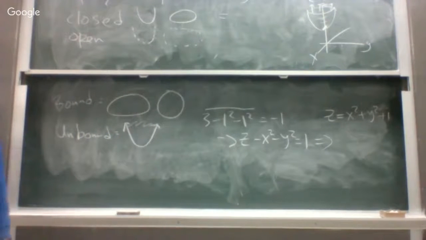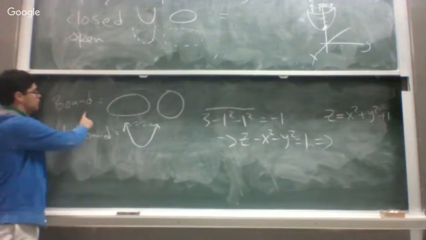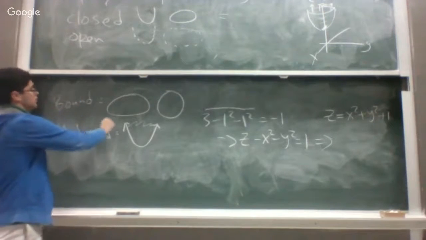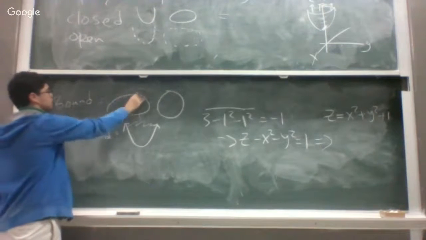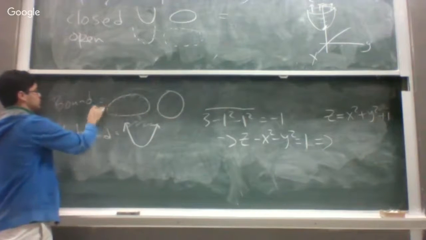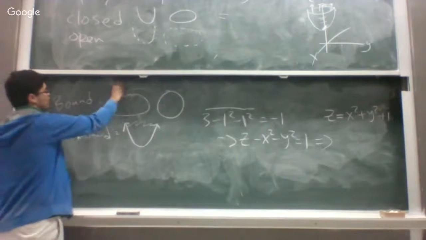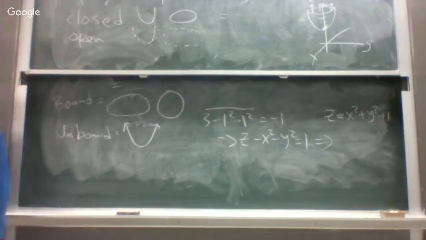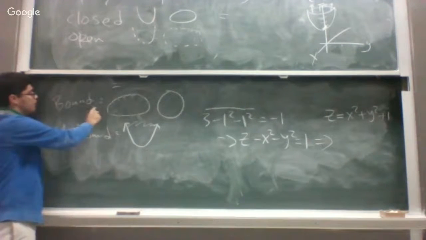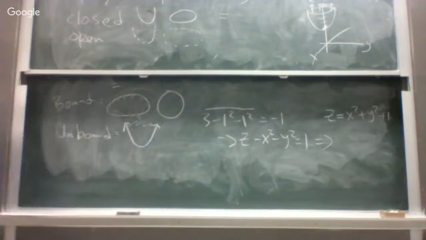Now you can have bound and open. That means there will be no equal sign, so you'll have dashed lines on the outside. It doesn't have an outer rim, because I don't want to use the word boundary, but it's still called bound because it's a closed shape.